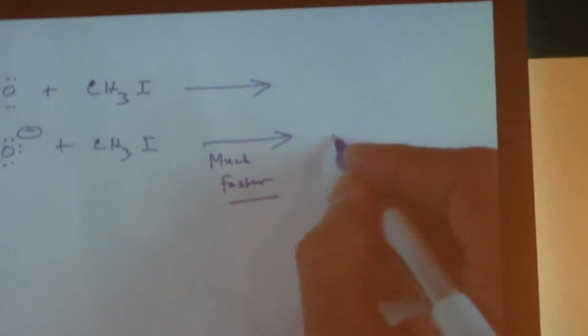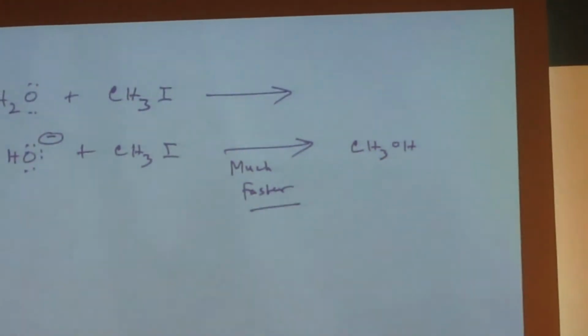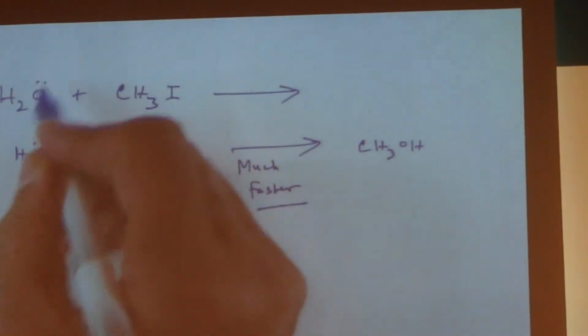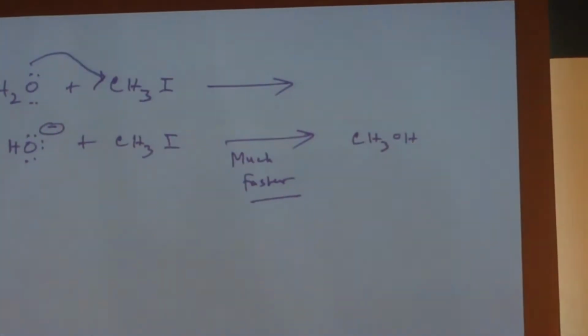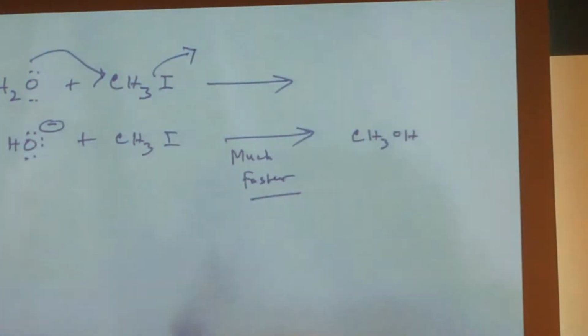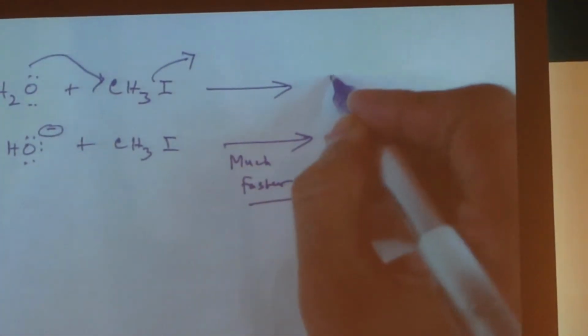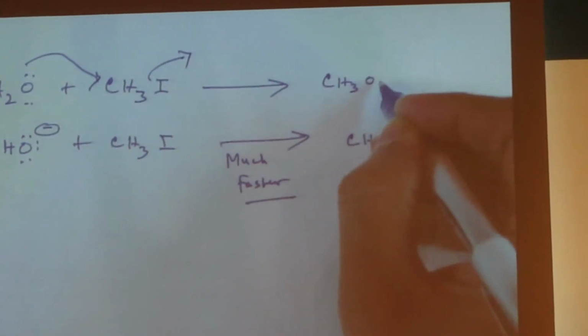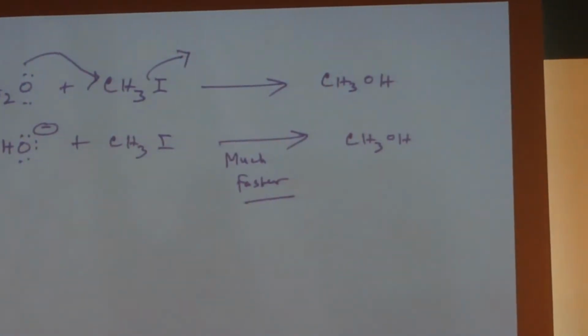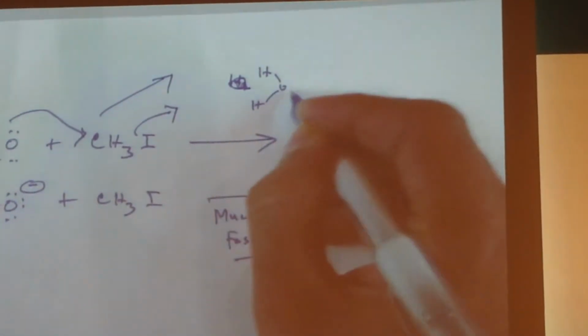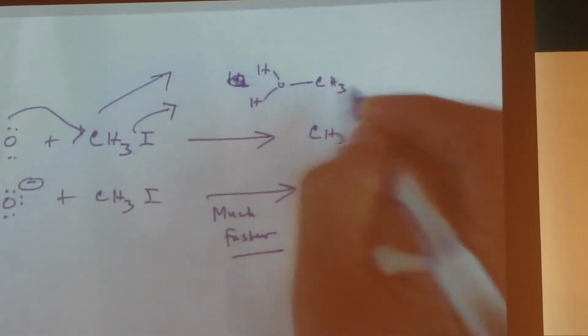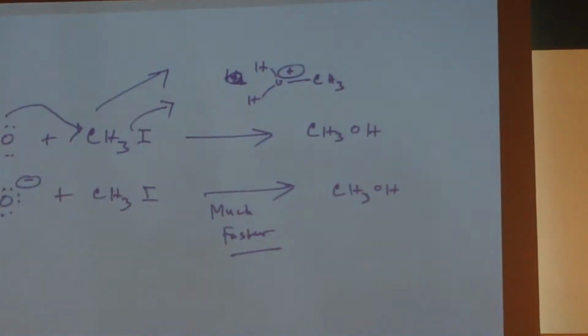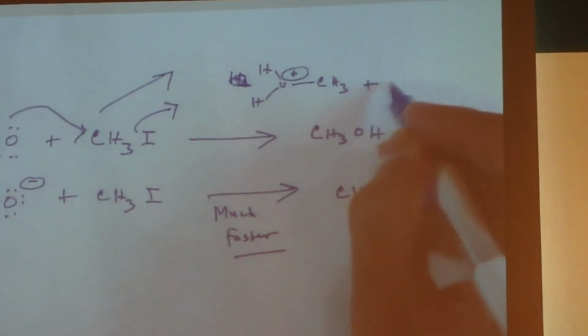And so you will generate CH3OH in this case. In the other case also, it can attack, but at a much slower rate, and it can still generate the same product. But it goes through two steps. In other words, the initial step would generate the protonated species, CH3OH2 plus I minus.